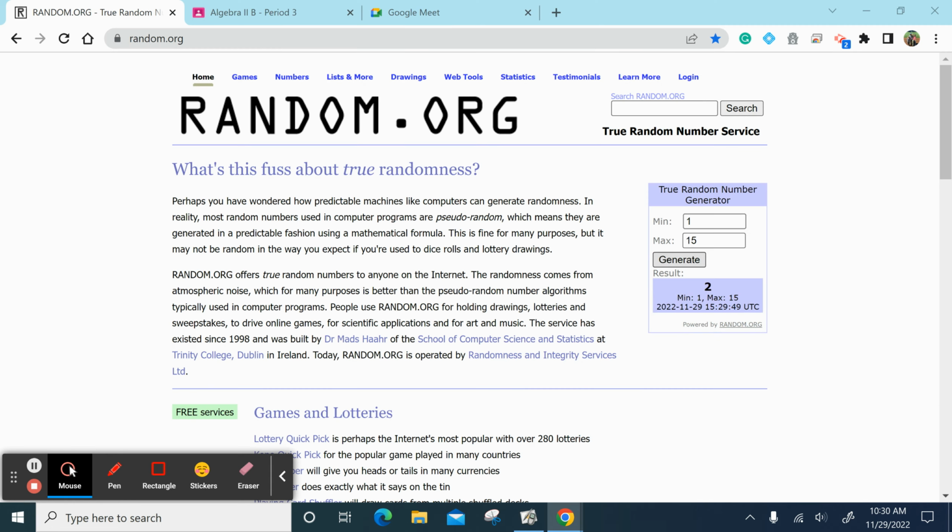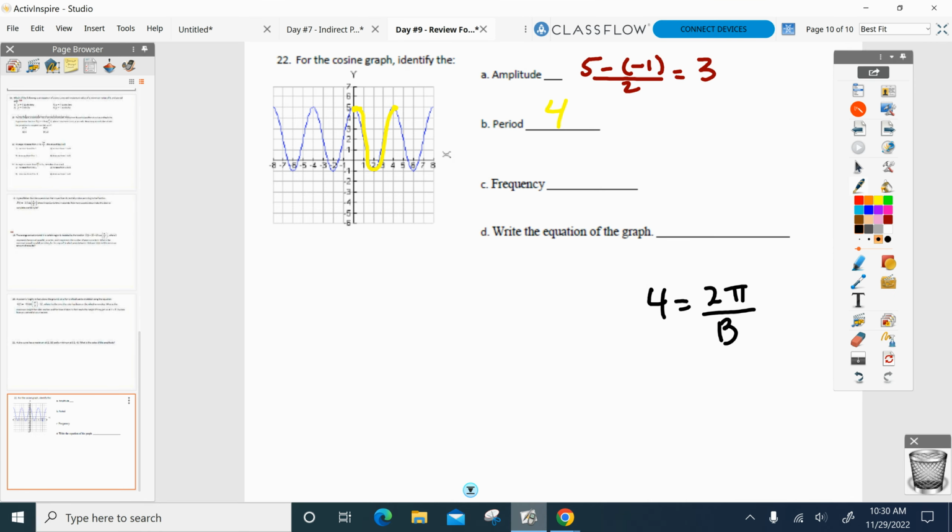When you cross multiply and solve for B, we end up with pi over 2. Good job.